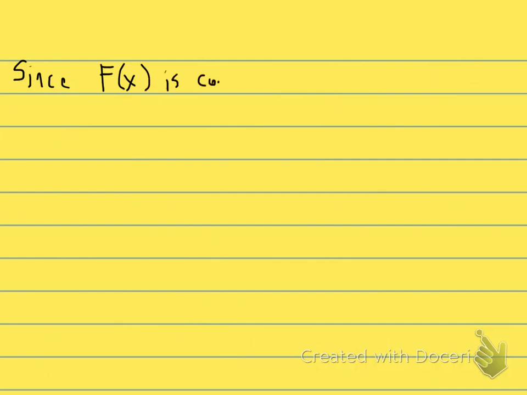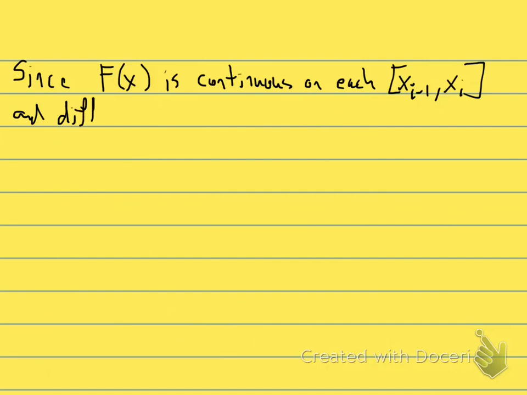Now since big F of x is continuous, and why it's continuous is because it's an antiderivative. Because it's an antiderivative, that means I can take the derivative of it, and differentiability implies continuity. So F of x is continuous on each interval in the partition, [xi minus 1, xi].